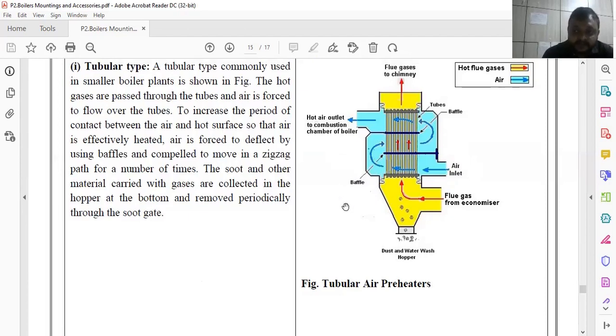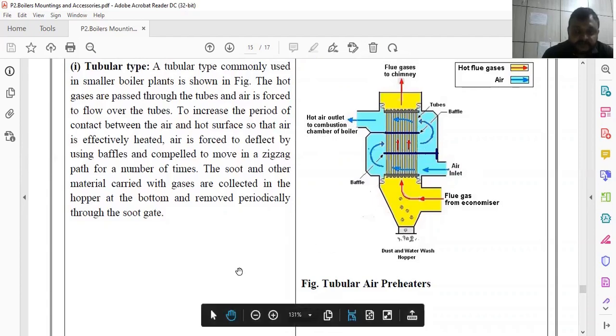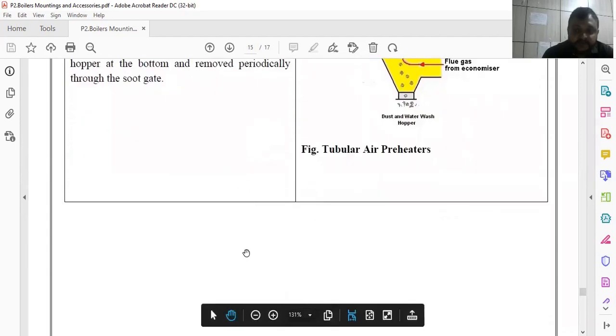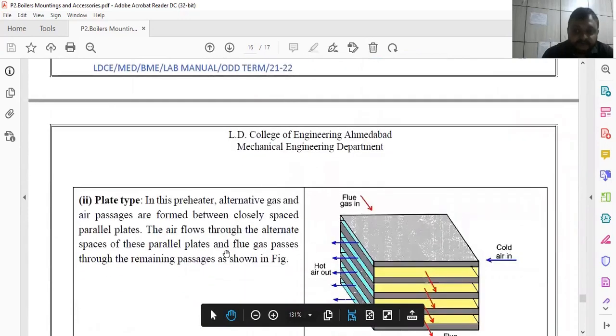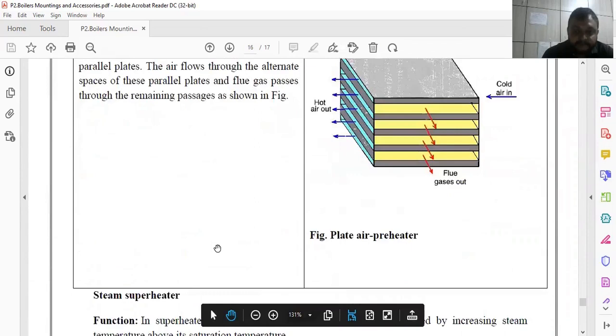So the main function of the baffle is to provide effective, maximum contact surface and time, so that hot air is output and sent to the combustion chamber or furnace of the boiler. So this is the simple operation of the air preheater.